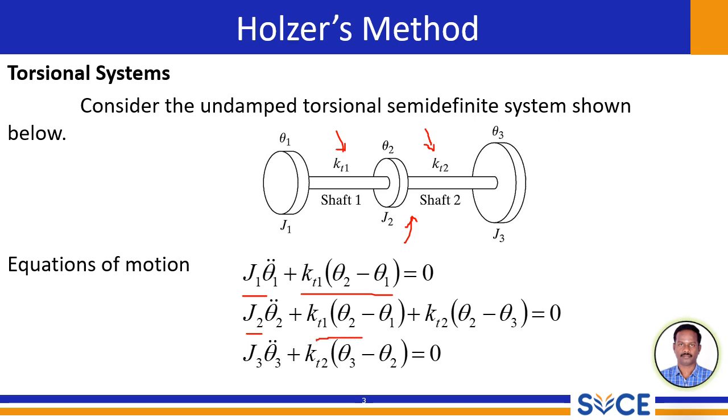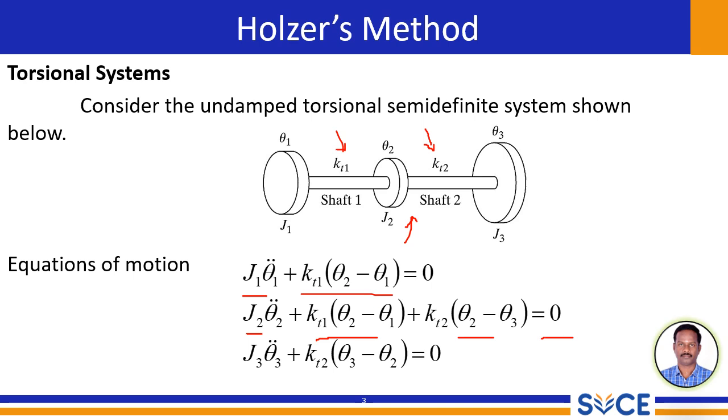That is one stiffness force. Then the same J2 is connected with kt2 also. So the stiffness force due to kt2 is kt2 multiplied by the difference of angular displacements, that is theta 2 minus theta 3. If we put everything, the resisting force as well as the applied force, on the left hand side, then we get the equation equal to 0.